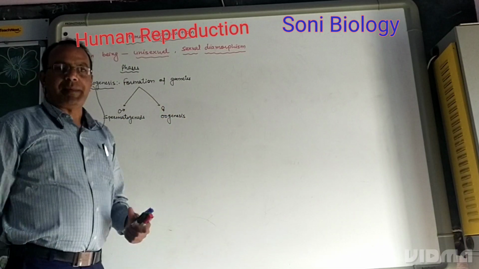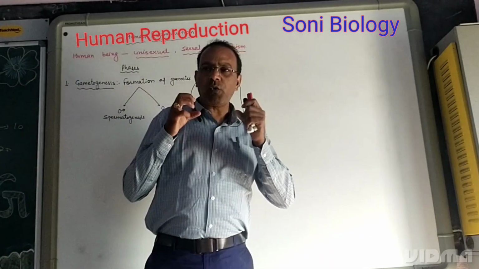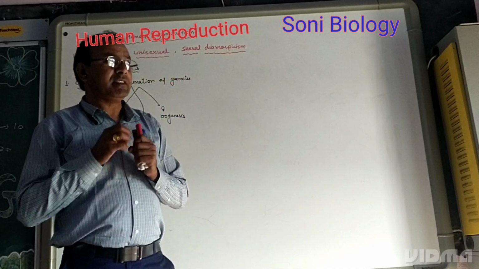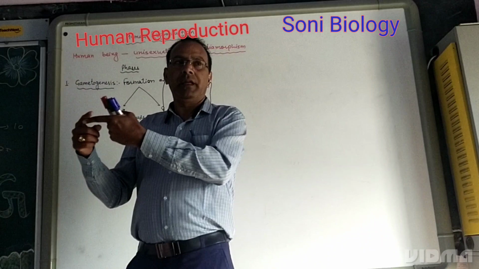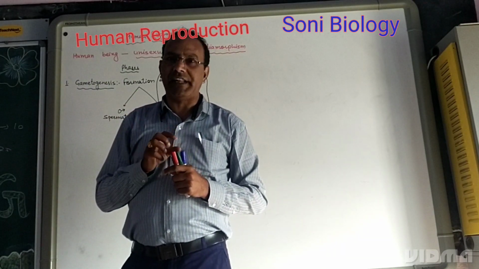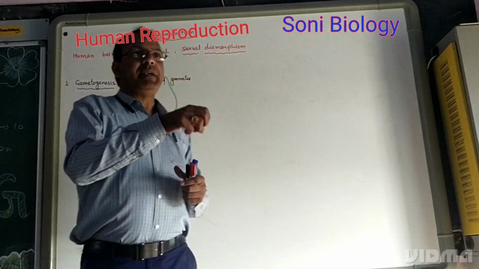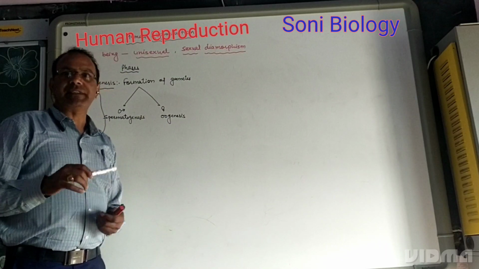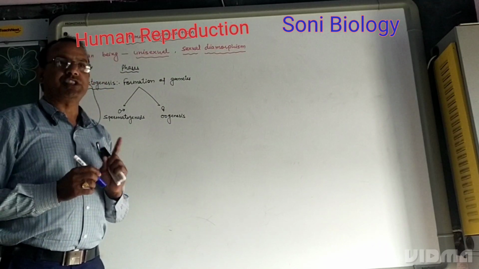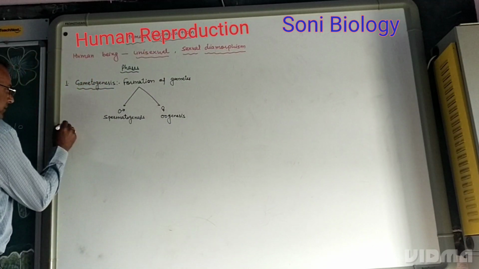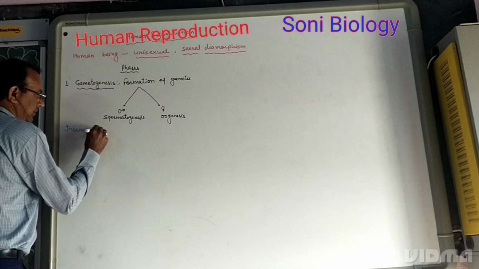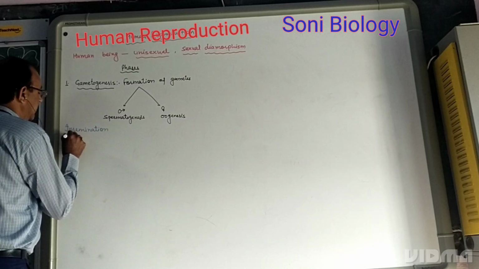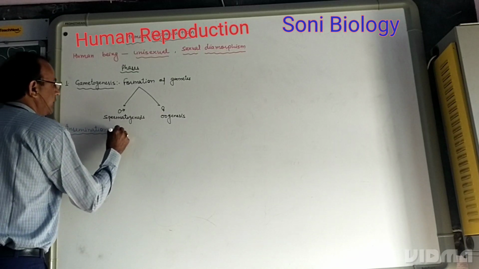After formation of gametes, there is a requirement to fuse these gametes. It means after formation the gametes are required to fuse with each other. So a transfer process takes place. Male gametes are transferred into the female vaginal tract. That process is known as insemination. What is insemination?